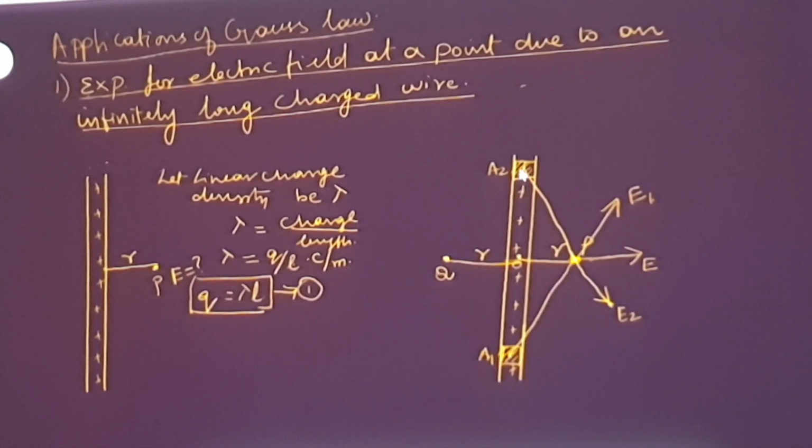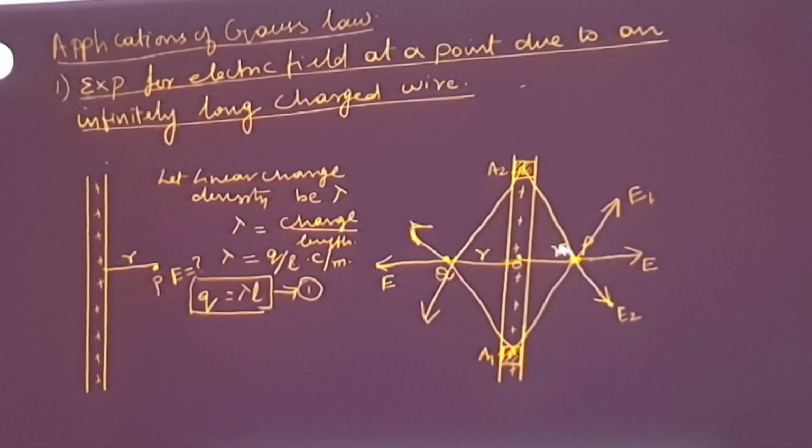From A2, the electrical field at this point Q acts in this direction. And the electrical field at this point Q due to A1 will be acting in this direction, away from the charge, and the resultant will be acting in the opposite direction to that of the previous case.